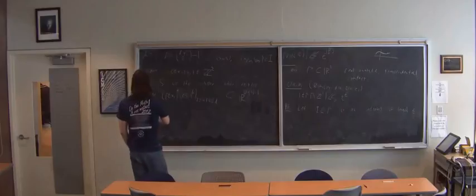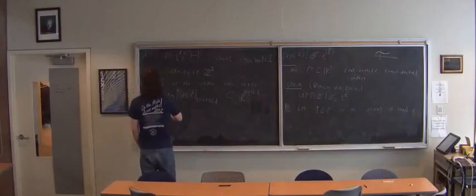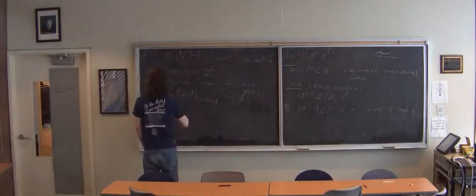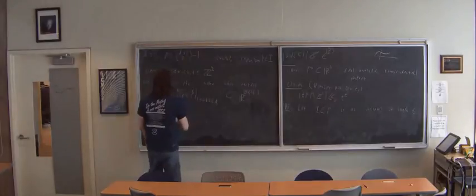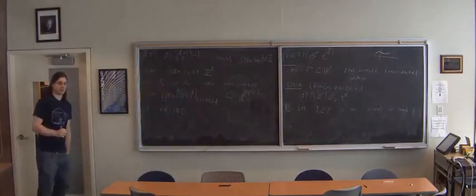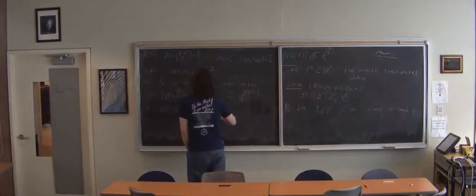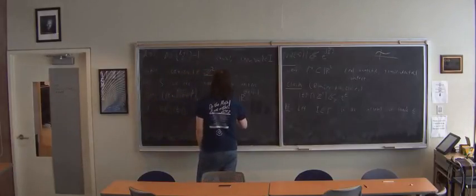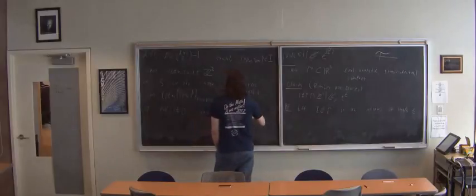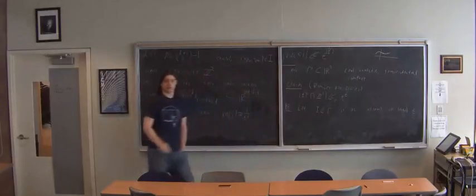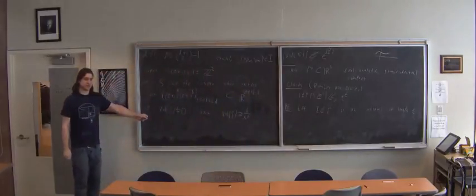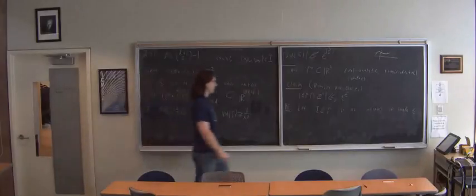So on the one hand, if the volume of S is not equal to 0, then the volume of S is at least 1 over n factorial. We'll deal with the volume of S equals 0 case later. Now let's assume it's not.